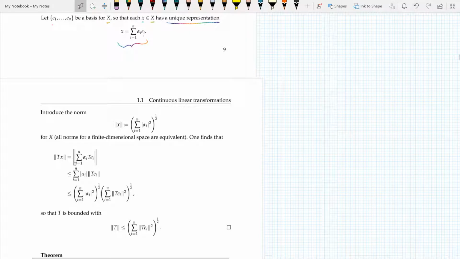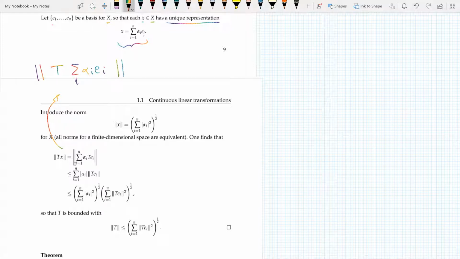So how can I write T of x like this? It's simple. Let's break it down. You can write it as T of sigma alpha_i e_i. Now I am putting the T inside because this T is linear, and we saw in the previous videos that if my operator is linear, I can do all these kinds of tricks.